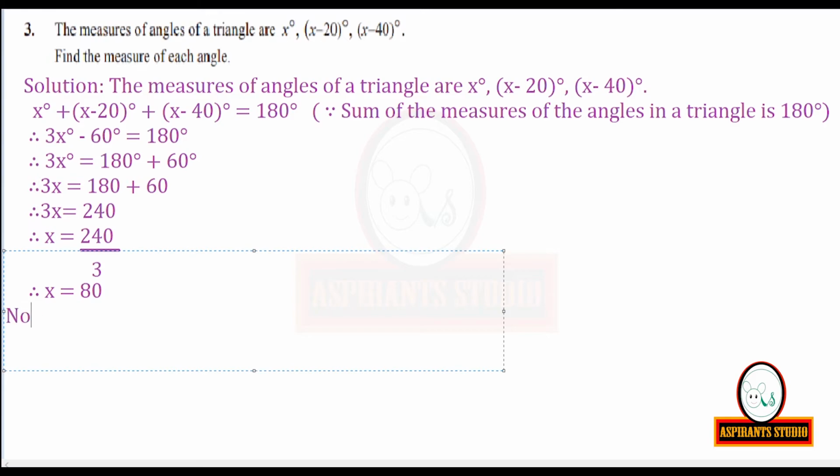Now, we have the measures of angles of the triangle to be x degrees, x minus 20 degrees and x minus 40 degrees. Now calculate the value of x degrees. X is equal to 80, so x degrees will be 80 degrees. X minus 20 degrees will be 80 minus 20 degrees, that is equal to 60 degrees.